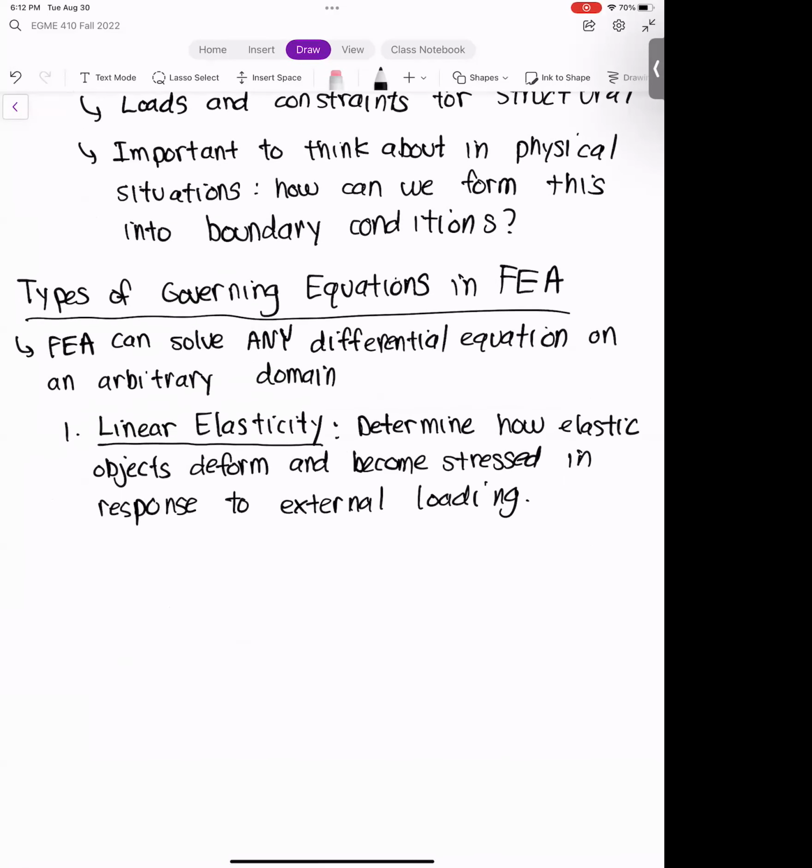This is definitely not my huge area of expertise, although I do run simulations on it. I'm not as well versed in the theory, and so I had to look this up on Wikipedia. But the equation for linear elasticity is given by the following.